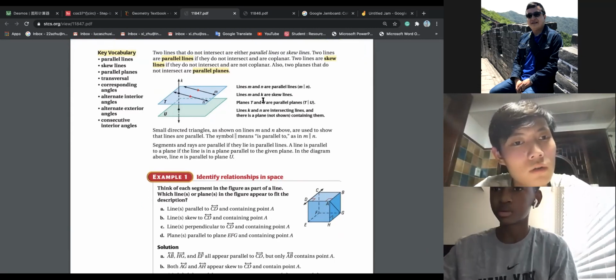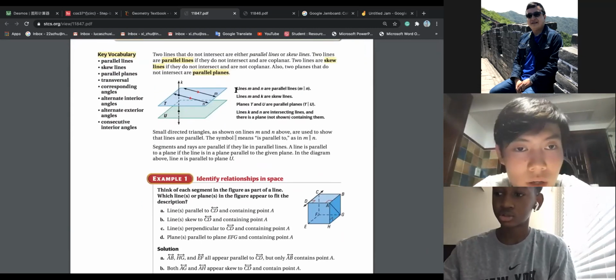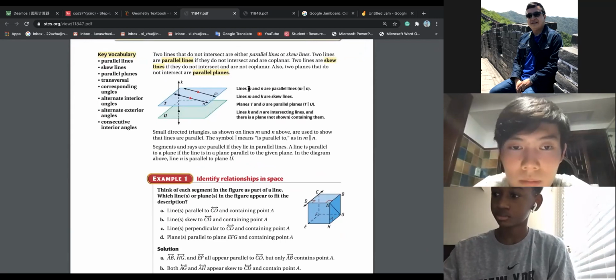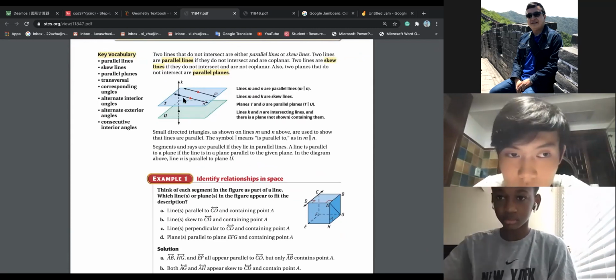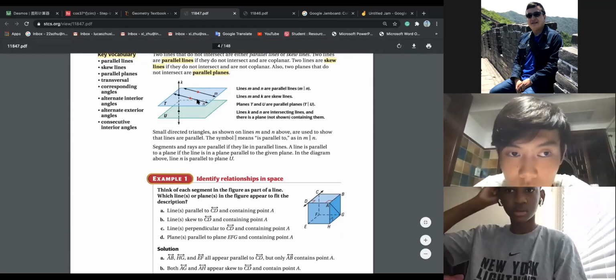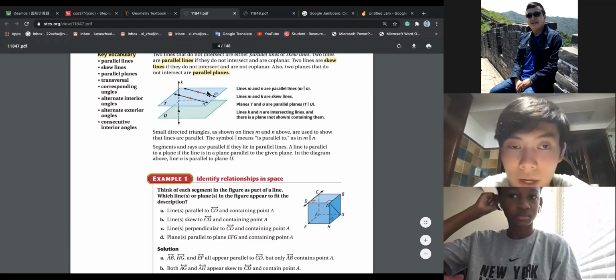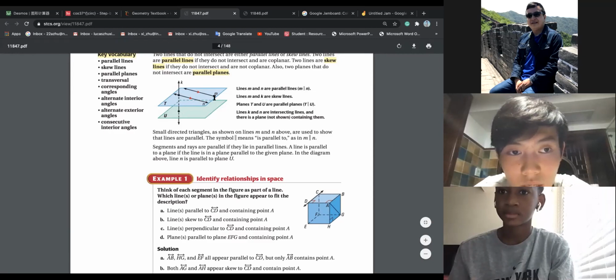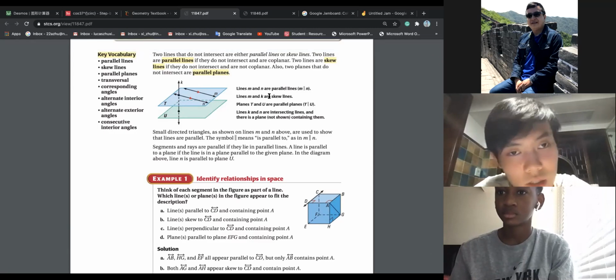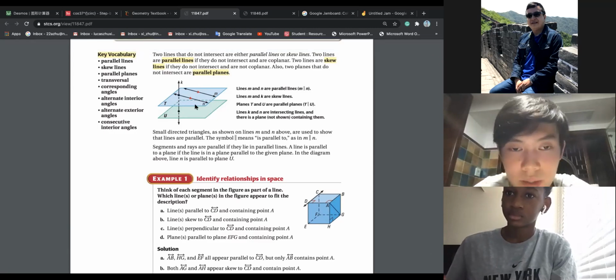Okay. See right here, line L M and line N are parallel lines, right? Because they do not intersect and they're coplanar. And M and K, which is over here, are skew lines, right? They do not intersect, but they are not on the same plane.